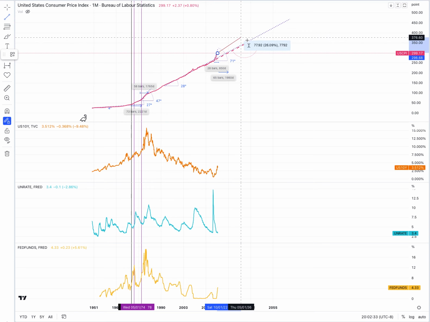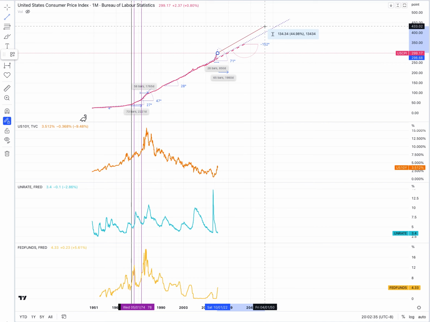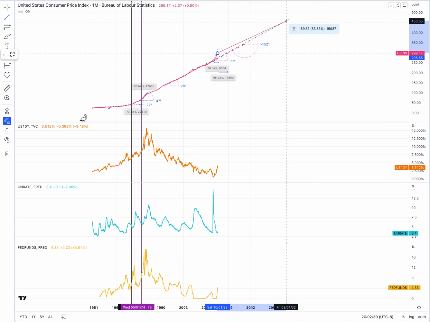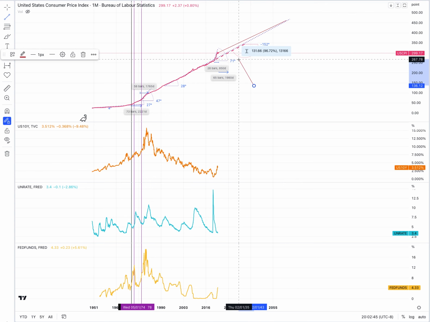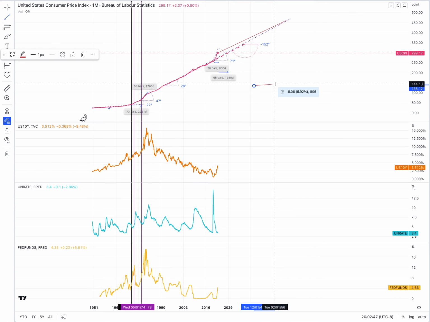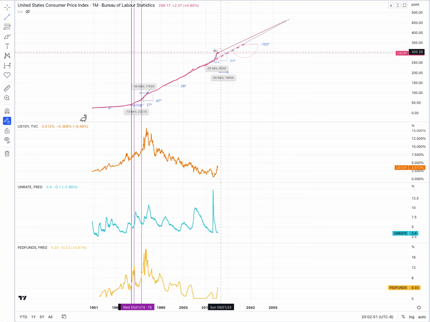Or we say that, okay, we're never going to meet the old line, so this is the new angle. So basically we are going to continue like this forever, right? So with this new angle, although there'll be a little bit of relief from the inflation, we are not going to see the same trajectory, right? This is going to be the new normal. This is going to be the new line of record.